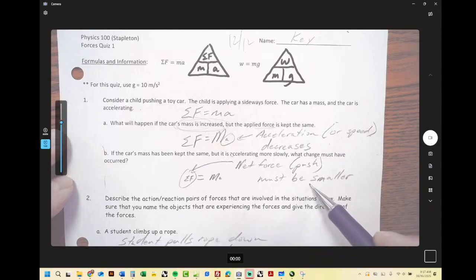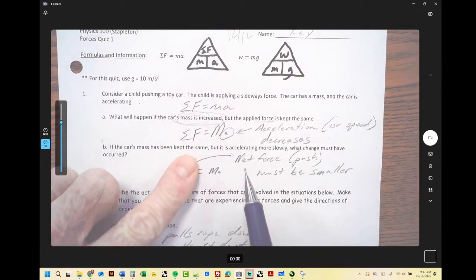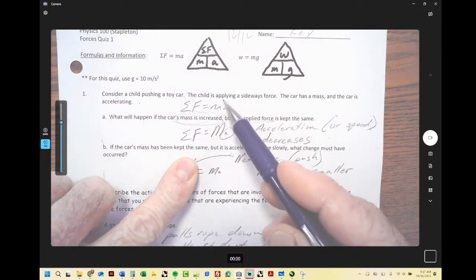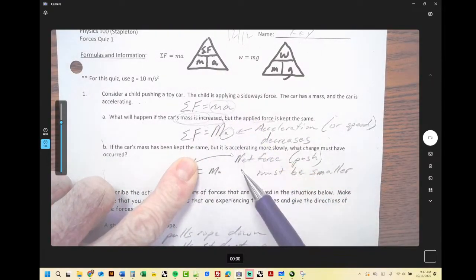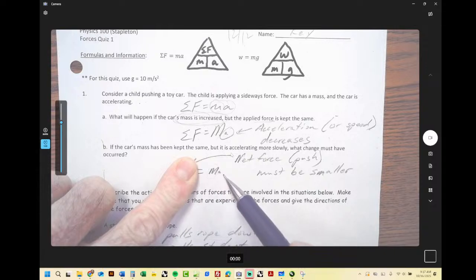And then for 1B, Macy, you should hurry back just so you can see the rest of these and know if you want to retake it. If the car's mass has been kept the same, but it's accelerating more slowly, what must have happened? I kept this M the same size, but then I made the acceleration really small.